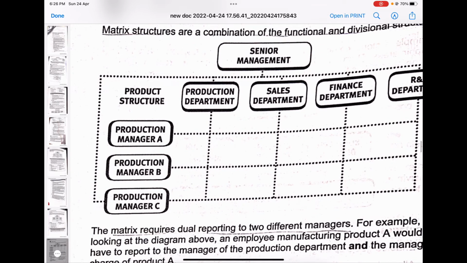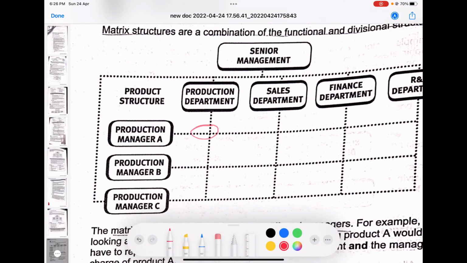So for example, if I'm here, then I'm in the production department of product A. So I have to report to the production head as well and the production manager of A as well.